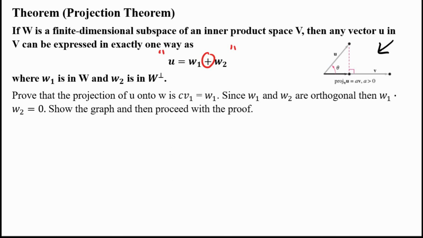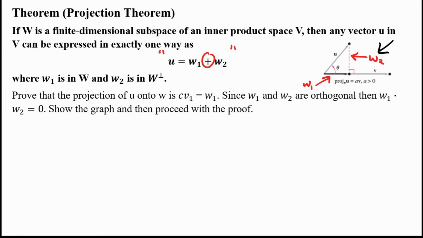So where u is the hypotenuse, so basically you get the hypotenuse squared is equal to each individual leg squared and then summed. So W sub 1 is here, and then W sub 2 is the perpendicular. So that's why we say here W1 is in W.